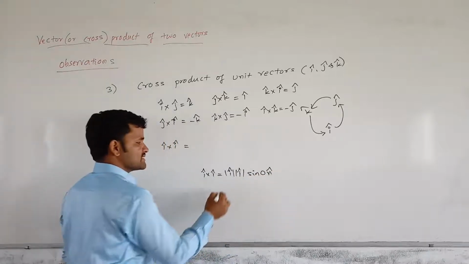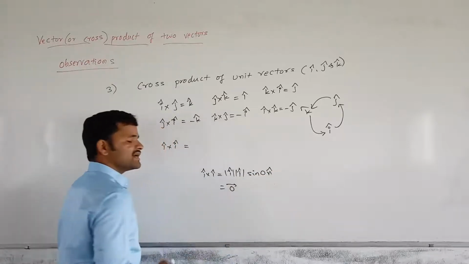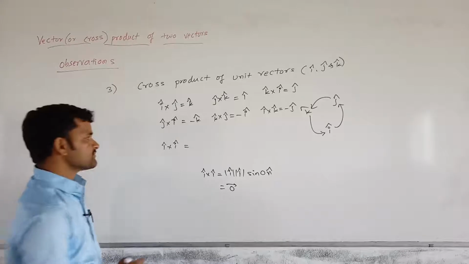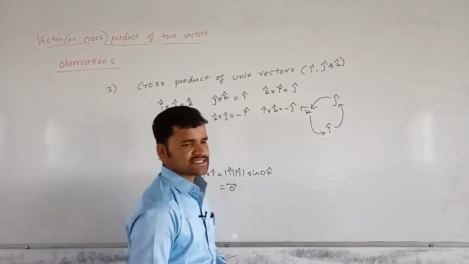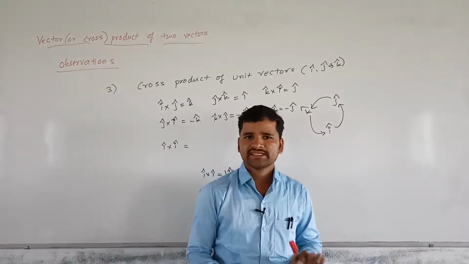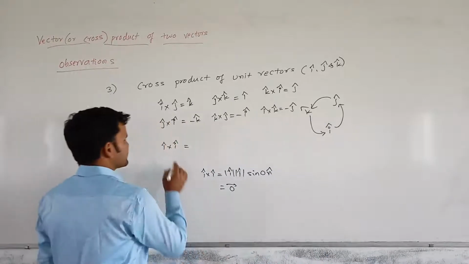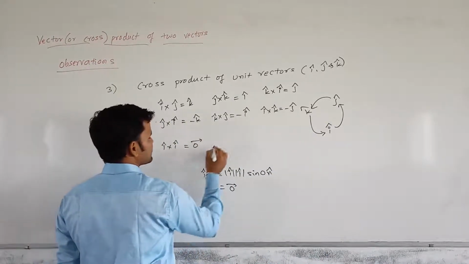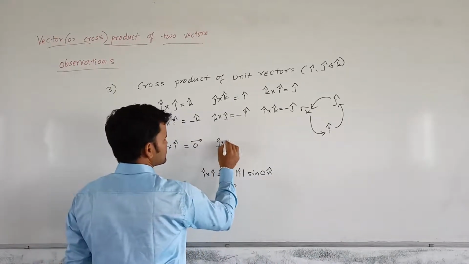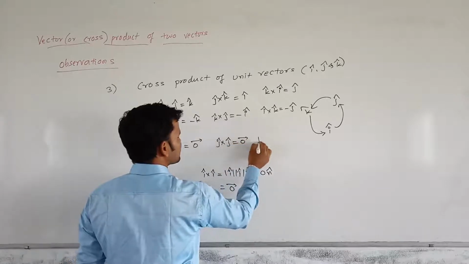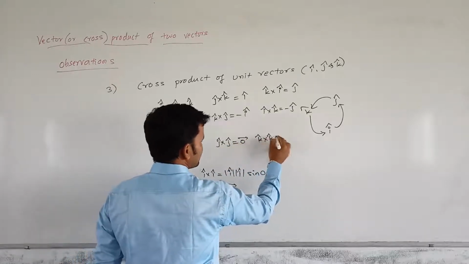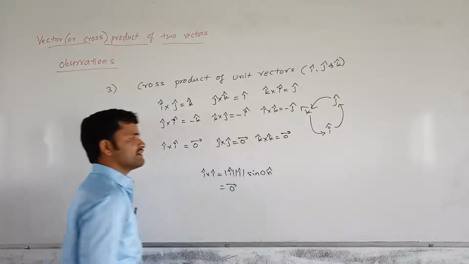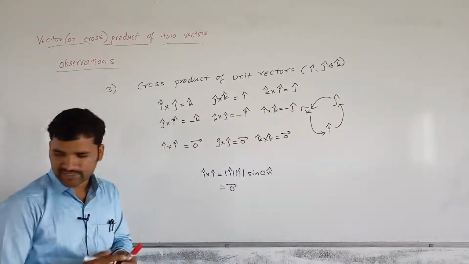Sin 0 value is 0. So this will be a null vector. In the same way, j cross j is a null vector, and k cross k is also a null vector. i cross i is a null vector, j cross j is equal to a null vector, k cross k is equal to a null vector. Very simple one.